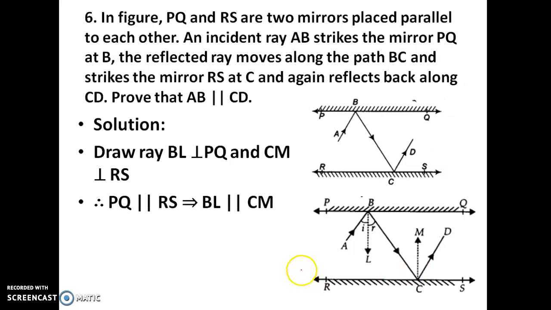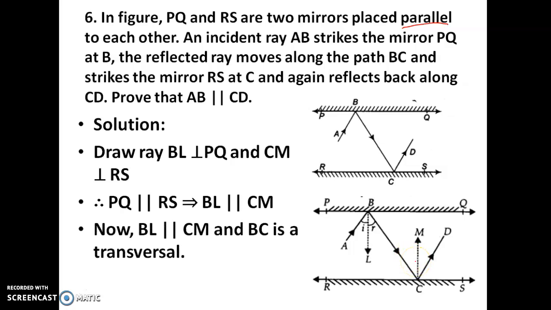Then PQ parallel to RS implies BL parallel to CM. These two mirrors are parallel, this is already given in the question. So obviously the perpendiculars will also be parallel. BL and CM will be parallel.